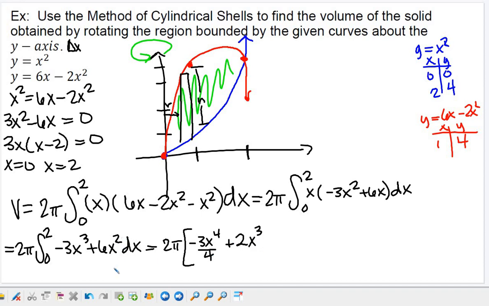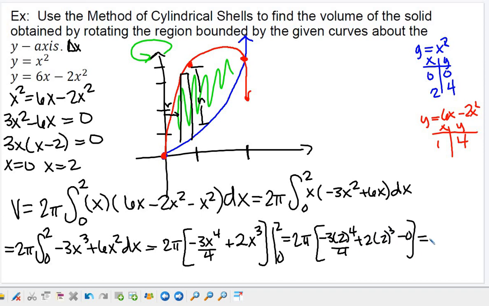So that would be 6x to the 3rd divided by 3. And I'm running out of room, so 6 divided by 3 is 2. Evaluated from 0 to 2. So 2 pi, negative 3, 2 to the 4th over 4 plus 2 times 2 cubed minus 0. And for space reasons, this is going to simplify to 8 pi.